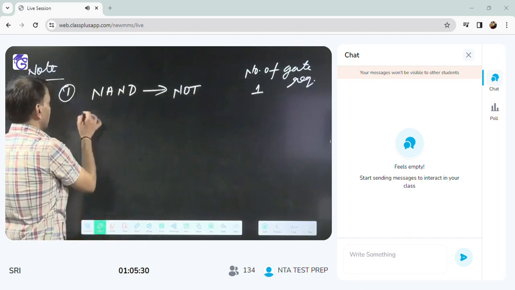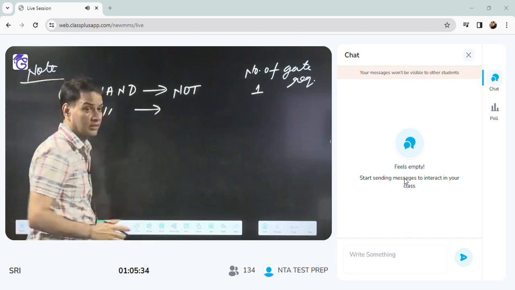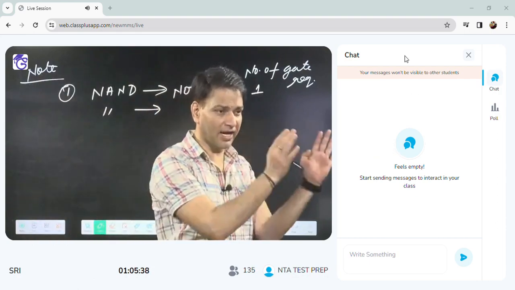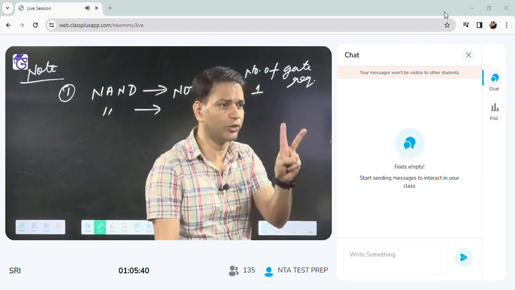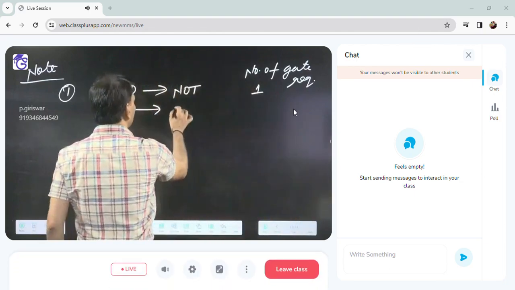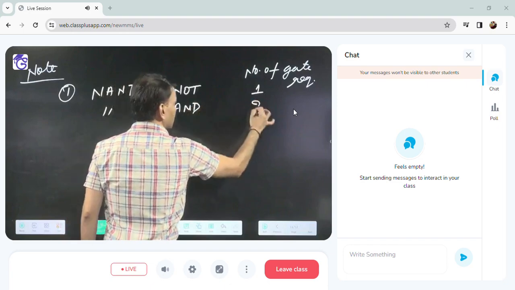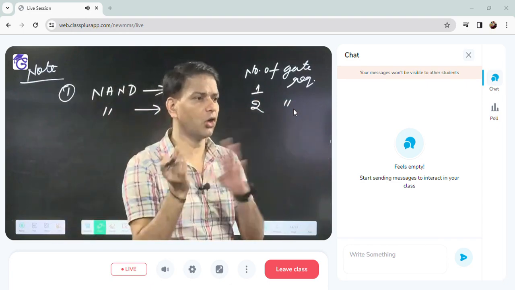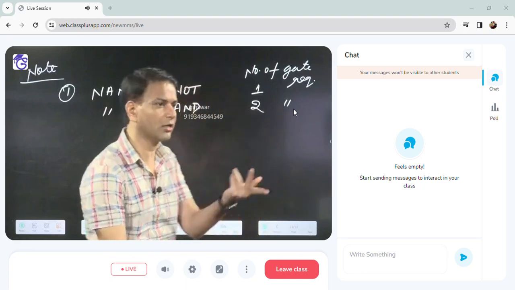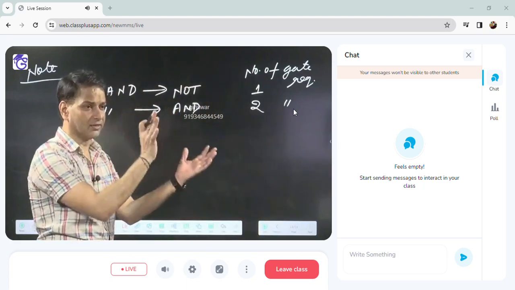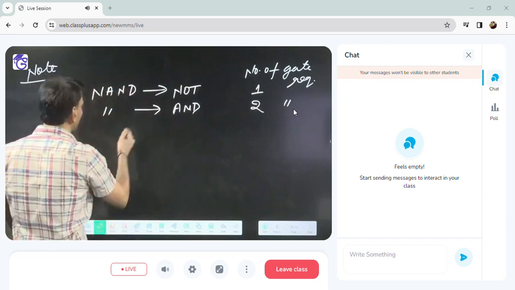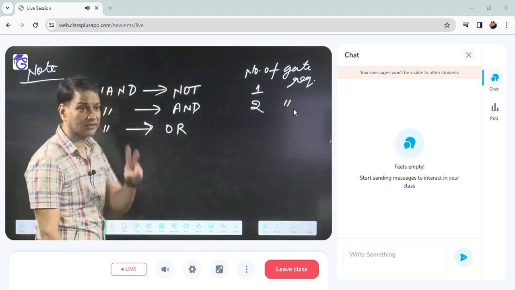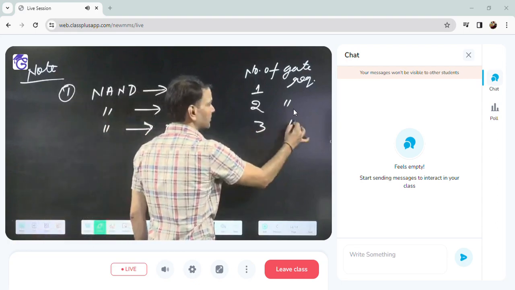Second, NAND to AND: 2 gates. Similarly, NOR to OR: 2 gates. So when going NAND to AND, 2 gates. When we are going opposite, NAND to OR, then we require 3 gates.